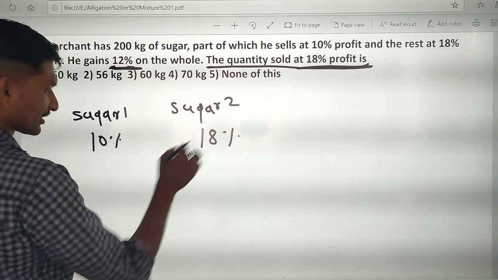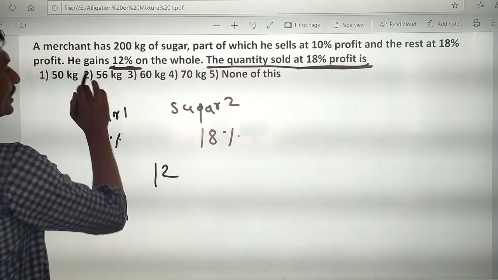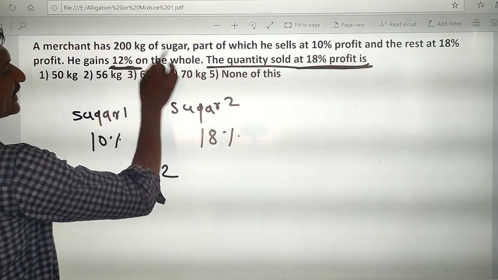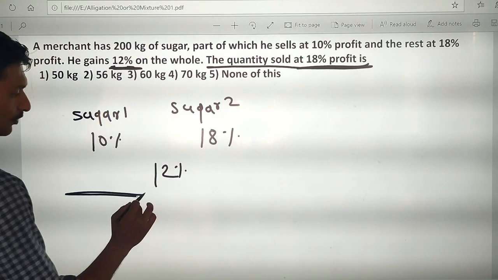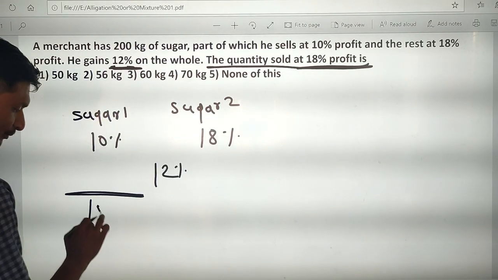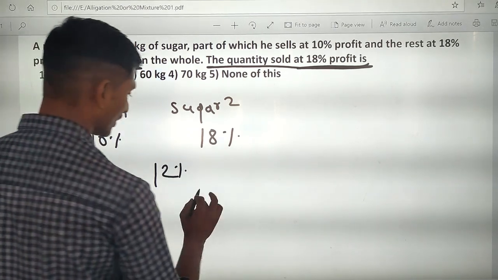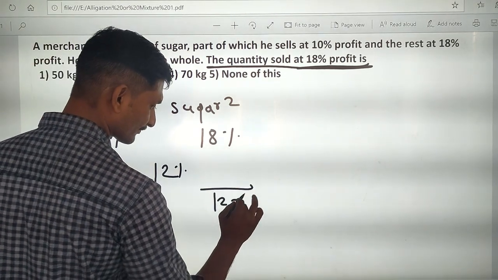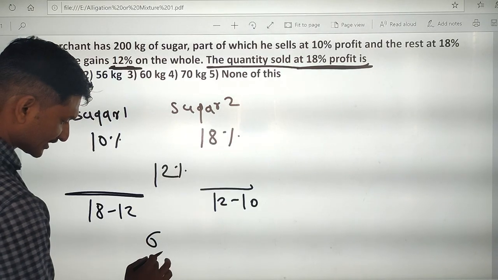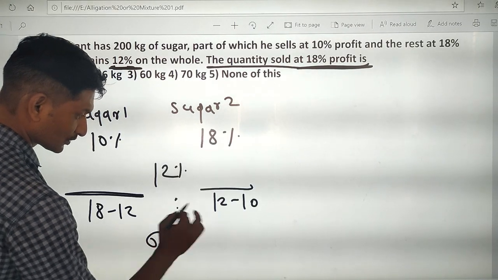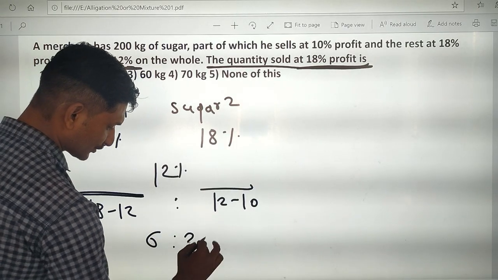Then the mixture's total gain is 12%. Now we write the subtraction of these two: 18 minus 12 is 6, and 12 minus 10 is 2.